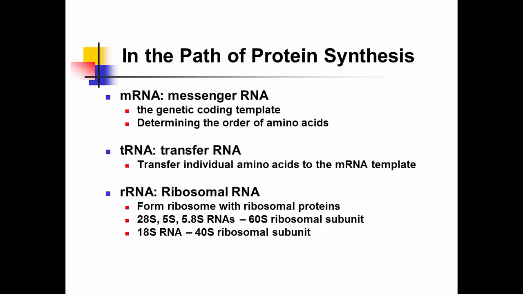Messenger RNA, mRNA, usually serves as the genetic coding template, and the genetic information in the messenger RNA determines the order of amino acids in the protein being synthesized; the amino acid sequence is determined by the genetic codons.